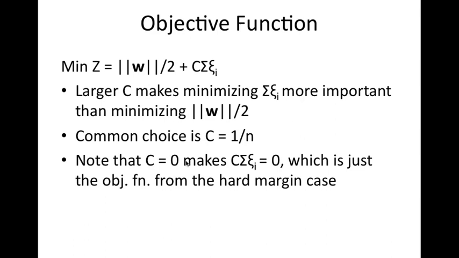We can note also here that if C were just 0, the whole term here would equal 0, and then we would just have the objective function from the hard margin case, and we'd only be trying to maximize the margin at that point. So you can see the behavior as you reduce this further and further, you just get closer to only wanting to maximize the margin.